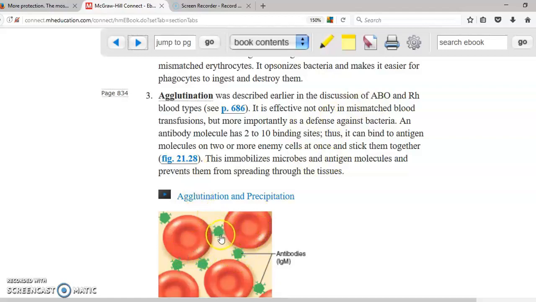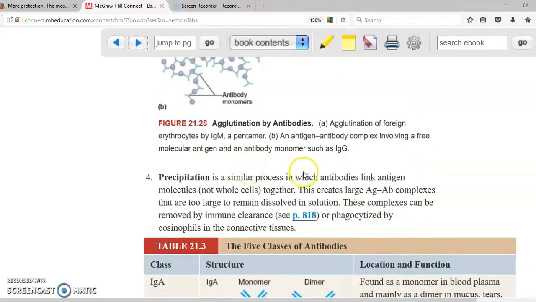Because the antibody has multiple areas of attachment. Precipitation: antibodies link multiple antigens, and they form these big antigen-antibody complexes. They are so big that they cannot remain dissolved in the solution, and because of that they precipitate into different areas of your body, and they can be removed by macrophages, for example.